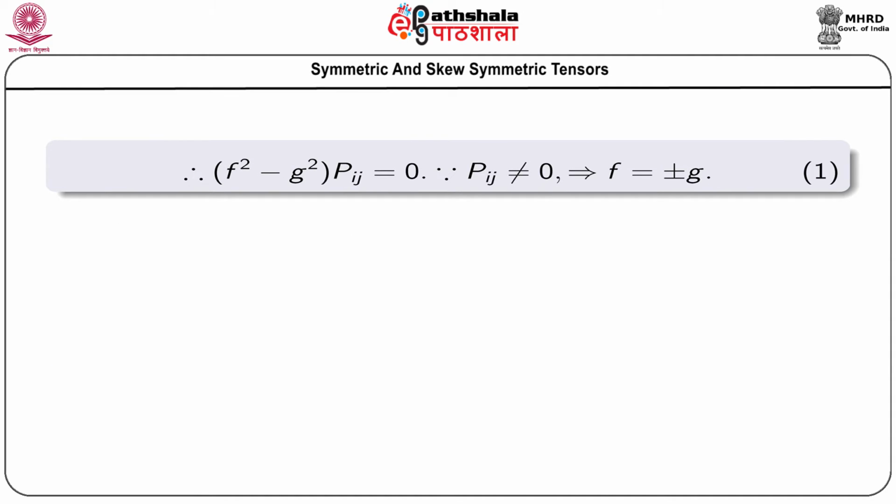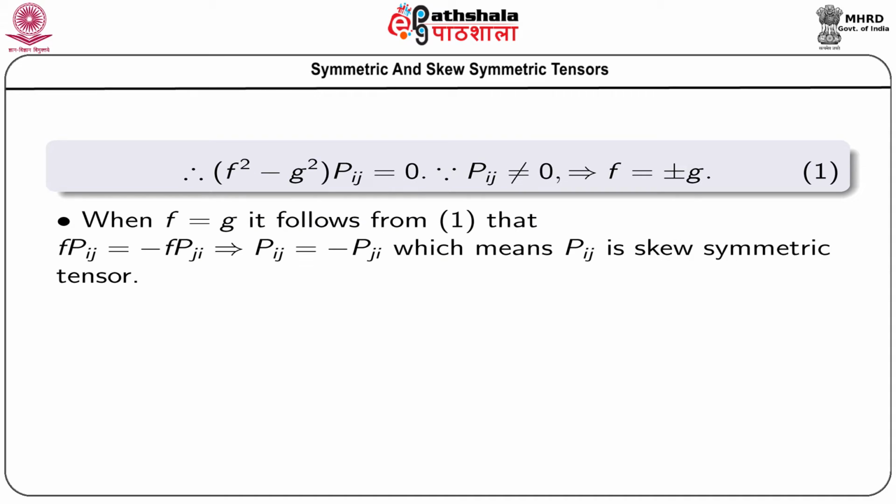So, we get f squared minus g squared times Pij equals 0, and as Pij is non-zero, f is equal to plus or minus g.